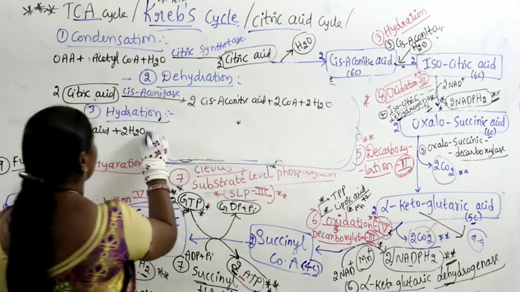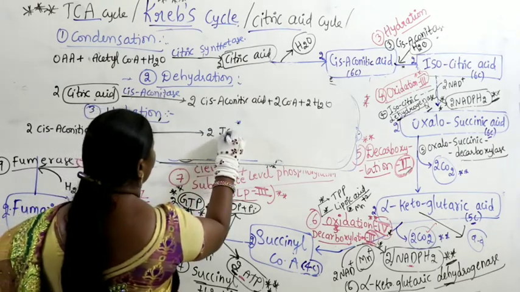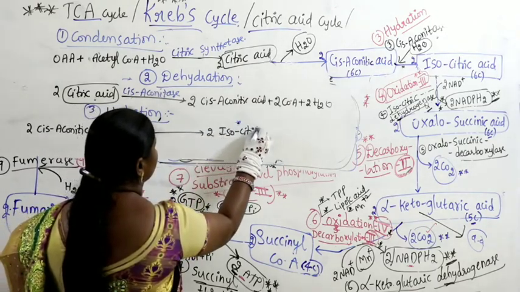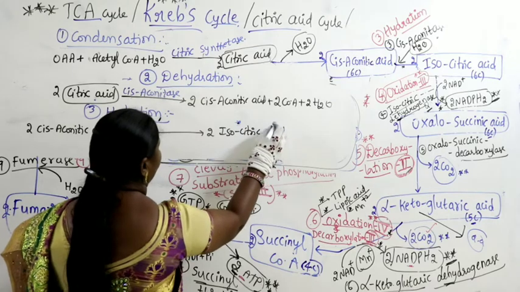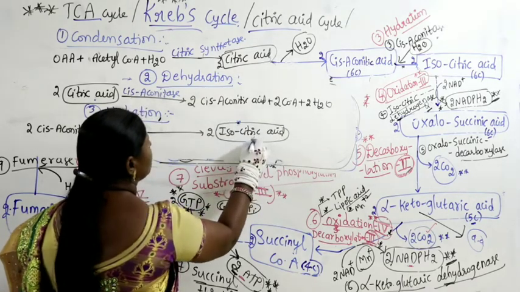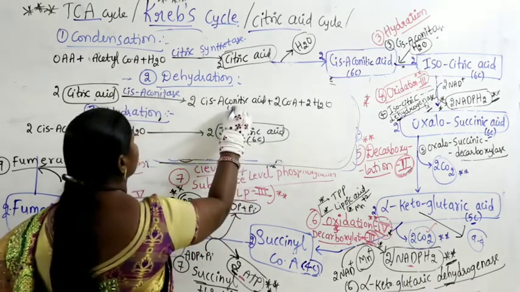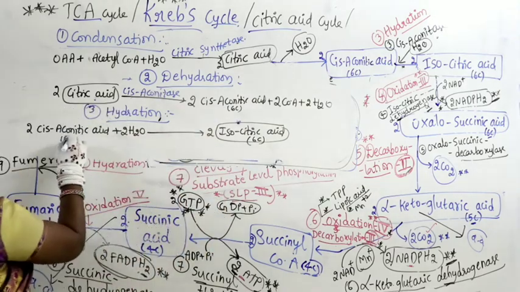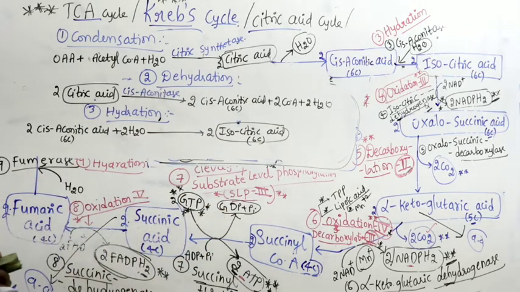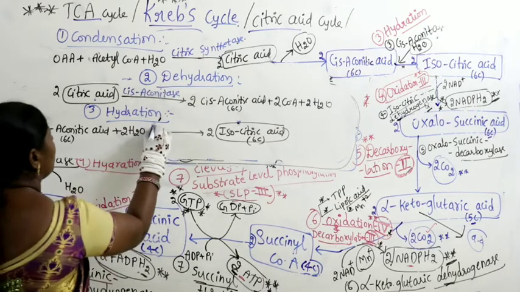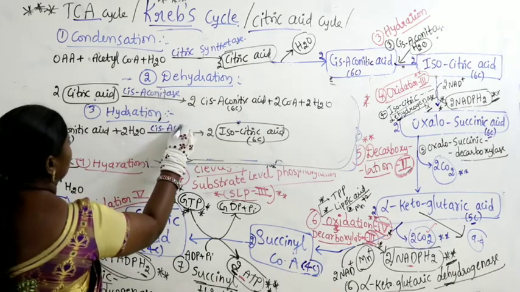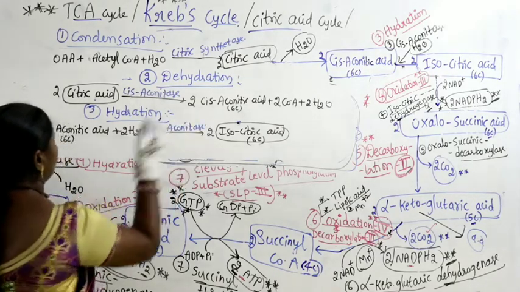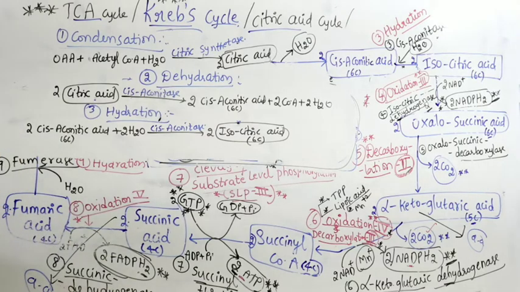What gets produced? 2 molecules of isocitric acid. Try to represent 6 carbons. What is the name of the enzyme? Same, cis aconitase. Now let us continue further.